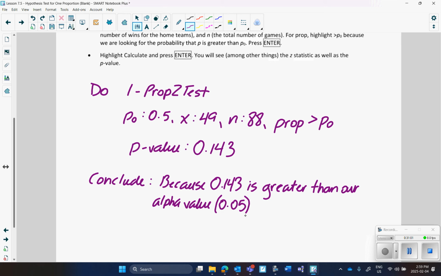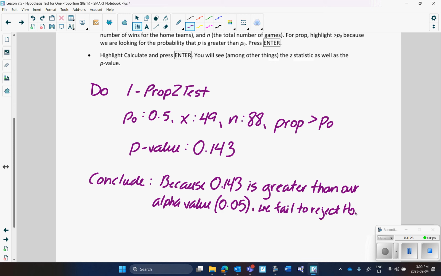That means that we don't have evidence for the alternative, which means we're at the null. Remember, we never accept the null, we just don't reject it. So we fail to reject H0.